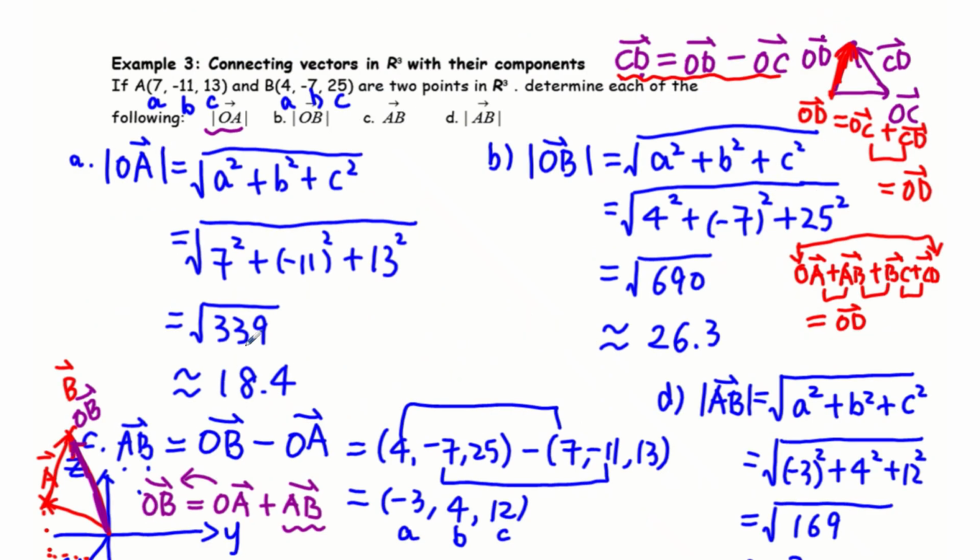Then we continued to find the magnitude for 3-dimensional vectors. And if we have a vector AB, you could write the second letter OB minus the first letter OA to find it, by adding and subtracting 2 vectors to find the final vector. The interesting thing is if you have a chain of vectors, as long as the letters are the same, we can cancel them out.